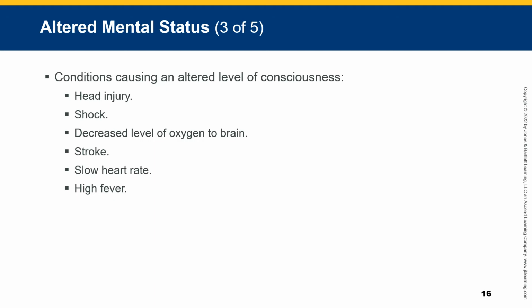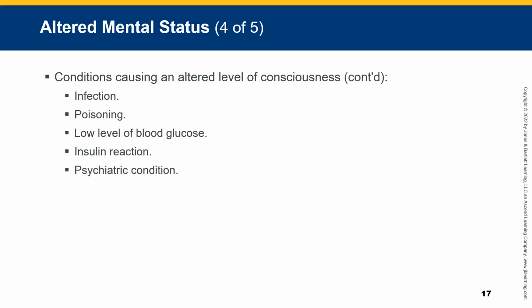And that's not an exclusive list. It's just a common set of findings. But as I mentioned, there are a lot of things that can cause an altered level of consciousness, but these are very common ones.